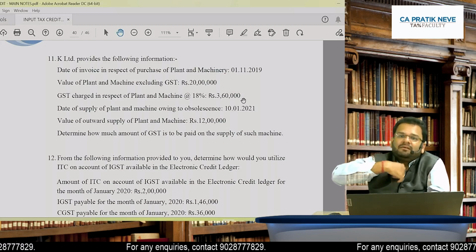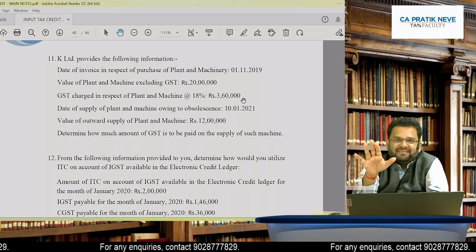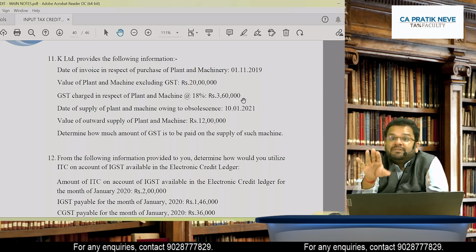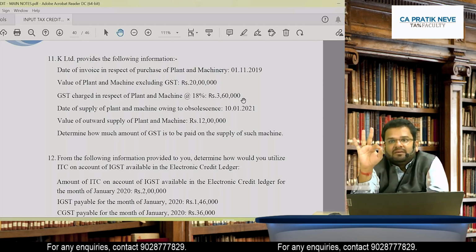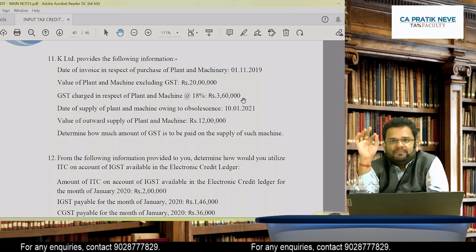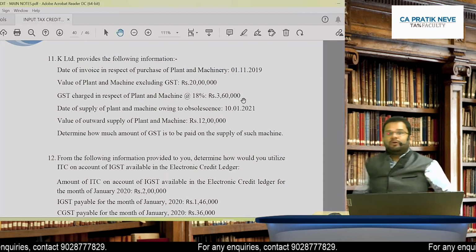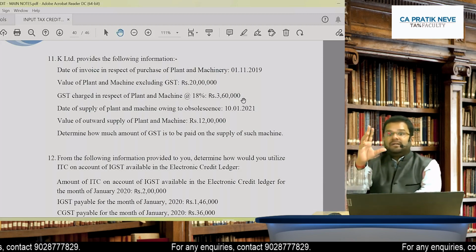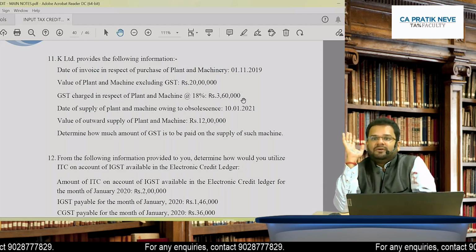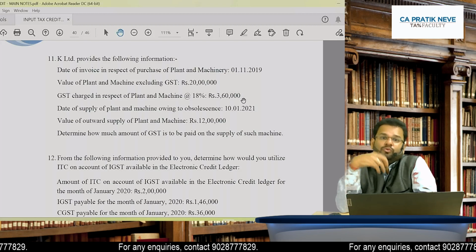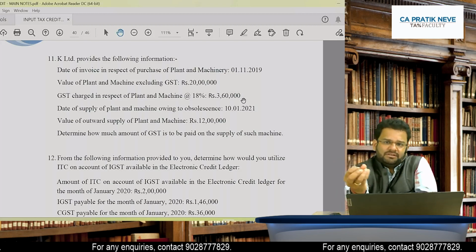Then I will continue to claim ITC, provided this happens in 1 year / 3 years, as the case may be. Remember this. So all types of permutations and combinations are discussed in this section 19 to give convenience to the principal when dealing with this job worker.